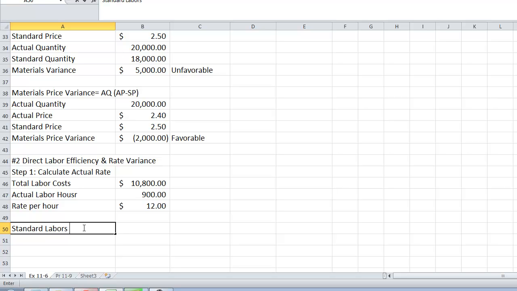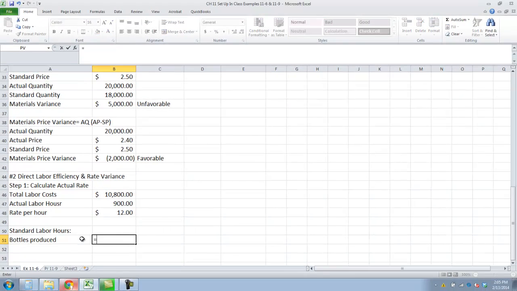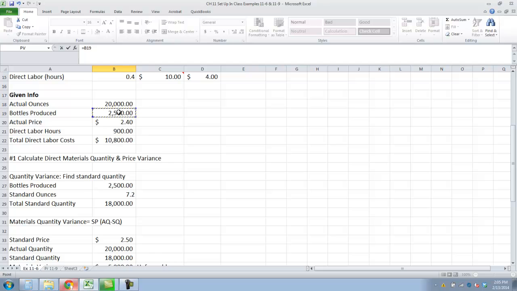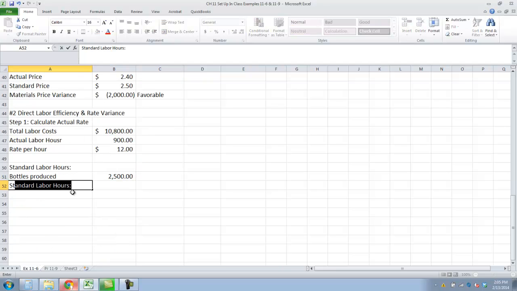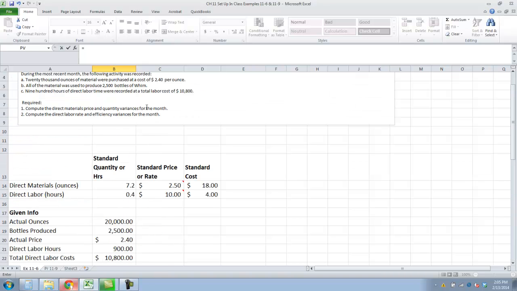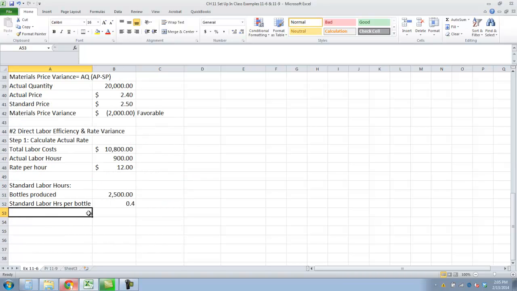Now, we must also find the standard labor hours for this project. We do that by taking the number of bottles produced, 2,500, and standard labor hours per bottle, which was given in the problem as 0.4.